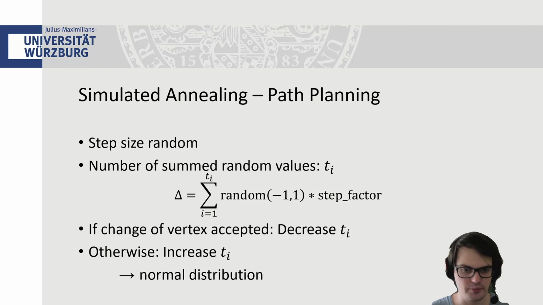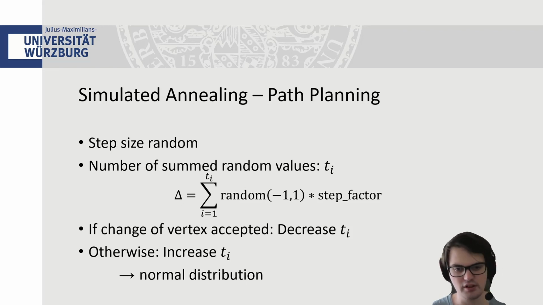And now the special part here is that if we accept our displacement in x and y direction for our vertex, we decrease the number of summed random values for our vertex i. And otherwise we increase it. Basically this means if we accept the displacement, then we will generally take smaller steps, since it is a normal distribution and we focus more on shorter steps.